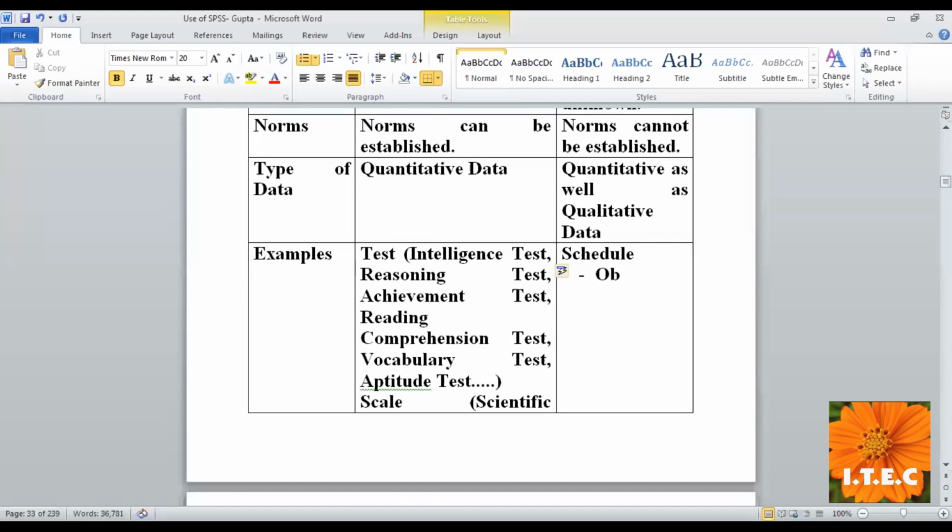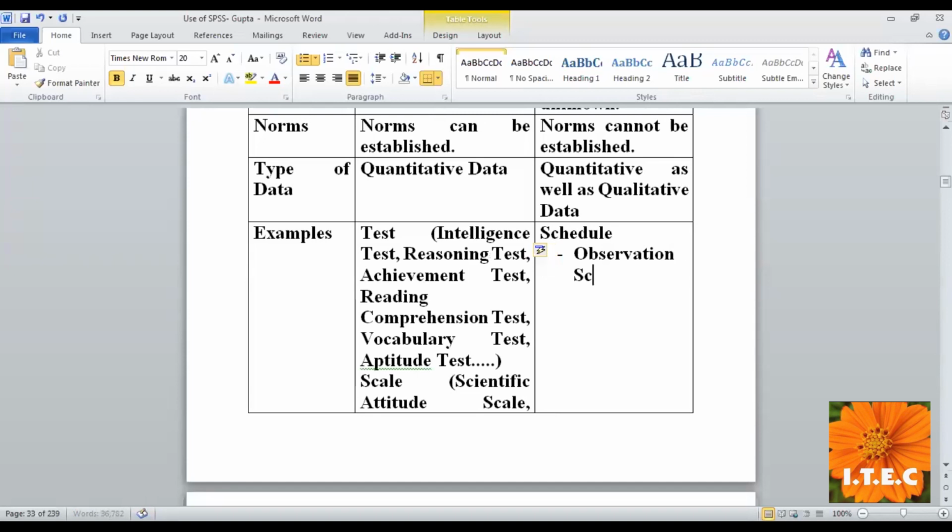One is called observation schedule, and another is called interview schedule. An interview schedule will be of two types.